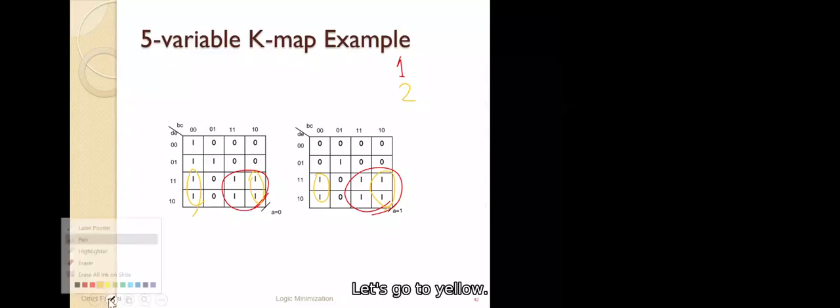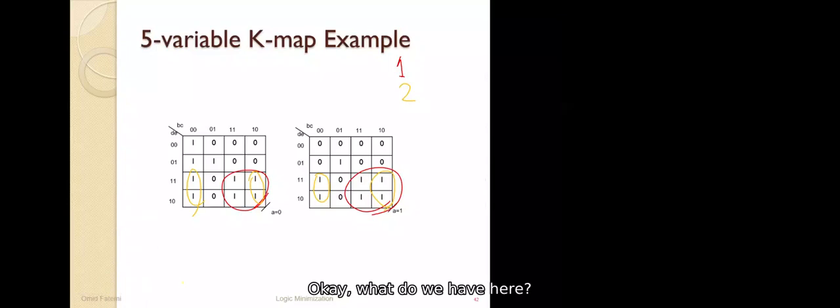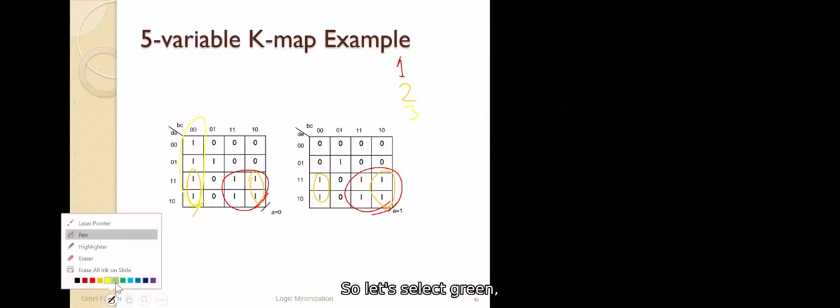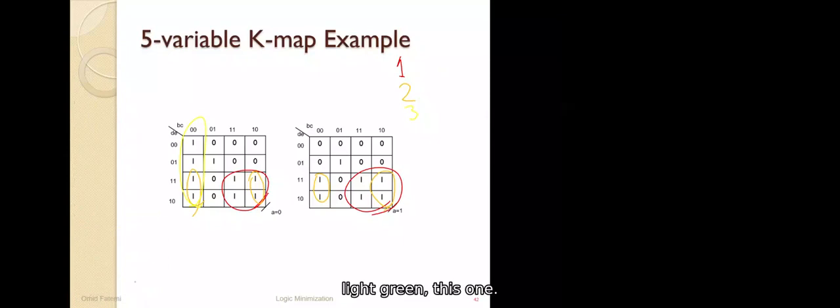What next? Well, let's go to yellow. Okay, what do we have here? We do have 4 ones here, that's it, nothing else. So the number 3 has 4 ones in it. What else do we have? Okay, we have 2 ones on top of each other. So let's select light green.